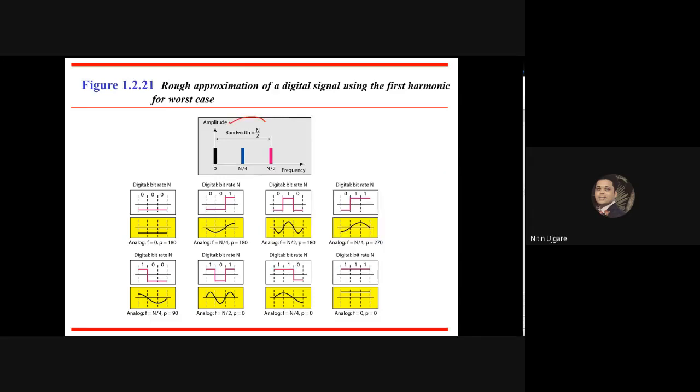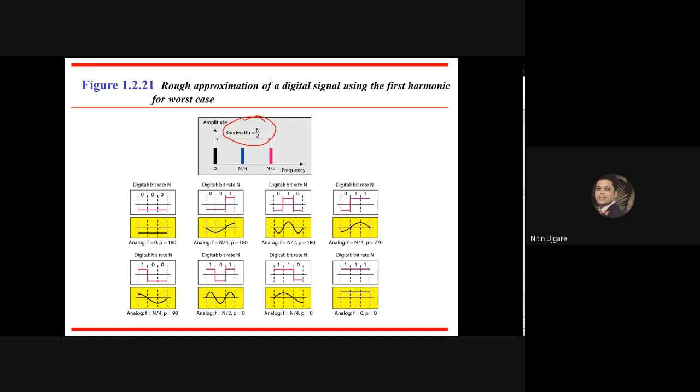The bandwidth is generally measured in the first harmonic as n divided by 2, where n is the bit rate, the number of bits we can transmit. Remember, data transmission in digital signals is measured as bits transmitted per second.